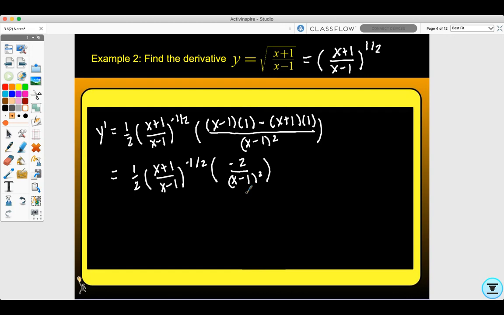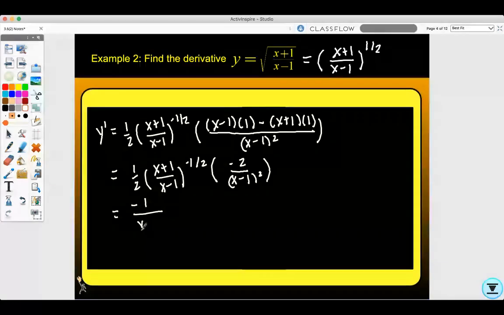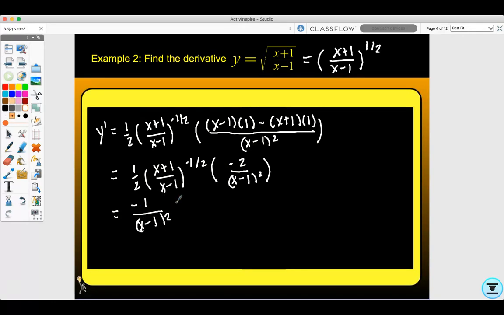And you can go ahead and leave it like that. If you wanted to go through further, we could go ahead and cancel out those 2's and have a negative, so we could actually have negative 1 all over x minus 1 squared times x plus 1 over x minus 1 to the negative 1/2. And we can just stop there.